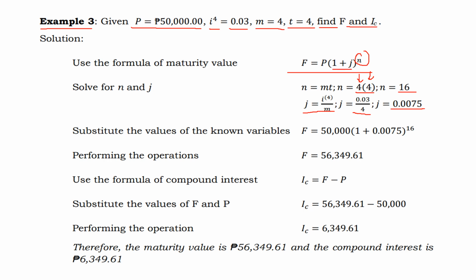Since we have the values of P, j and n being computed, then we can move forward in substituting the known variables to the given formula, which is 50,000 multiplied by (1 plus 0.0075) raised to 16.